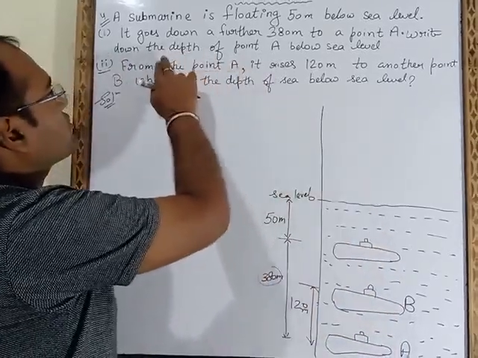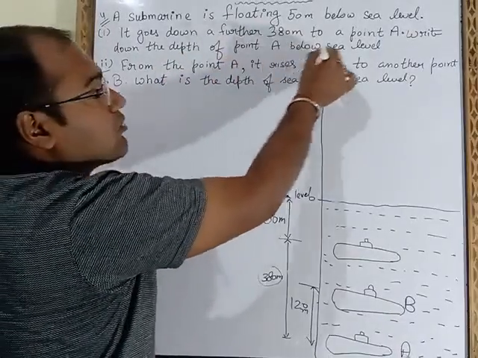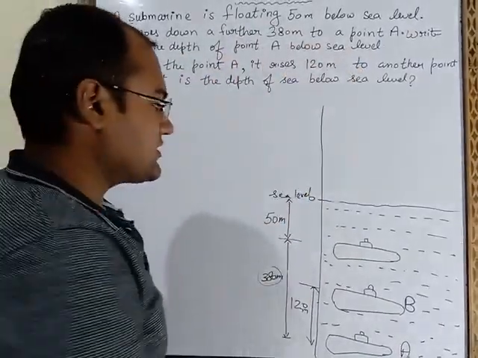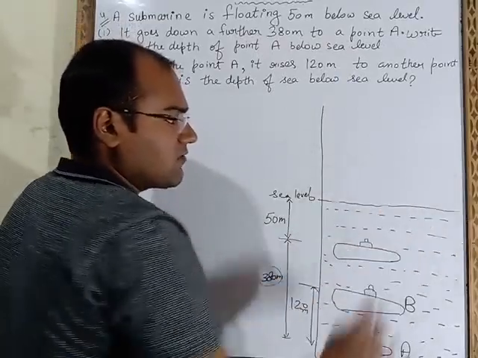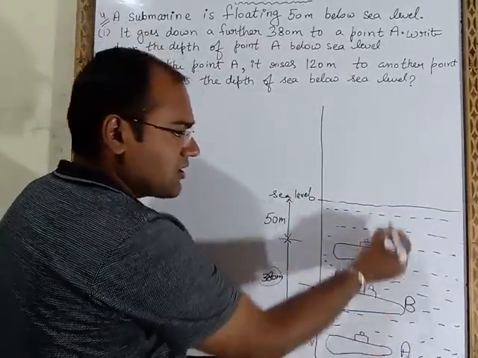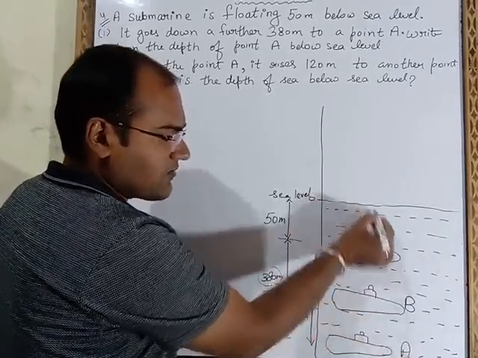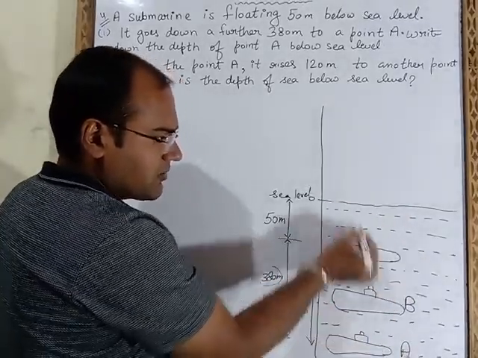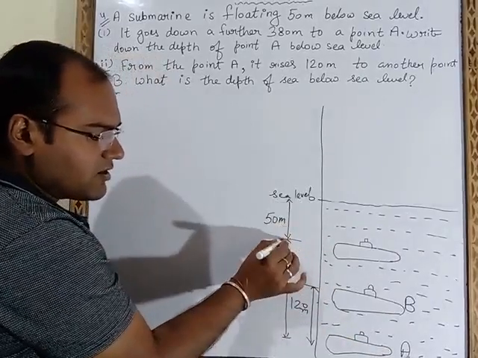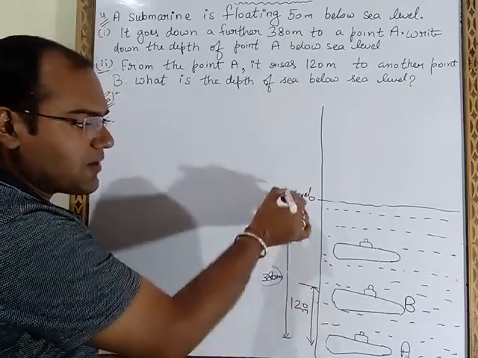What is being asked in the question? Write the depth of point A below the sea level. This is the sea level. We have to write the depth of point A. Where is point A? Point A is this. From this place to this place, we have to tell what is the depth. So 50 is coming here and 380 is coming here. So total depth will be 380 plus 50.